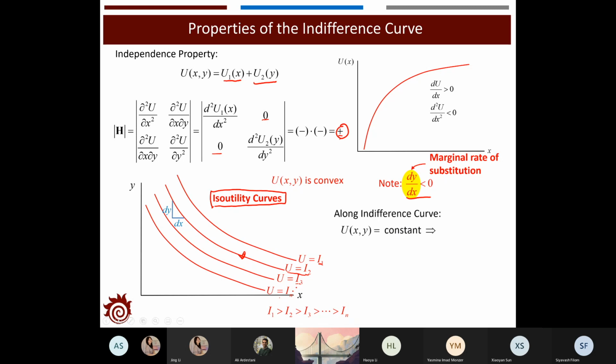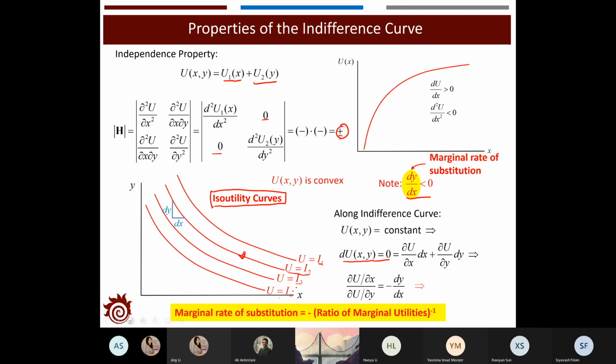Along the same indifference curve, we know that u(x,y) is constant, so we can derive that du(x,y) along this curve is 0. This is the property of a constant in calculus. With that derivation, you will eventually get this equation.